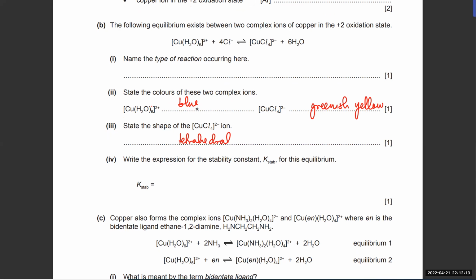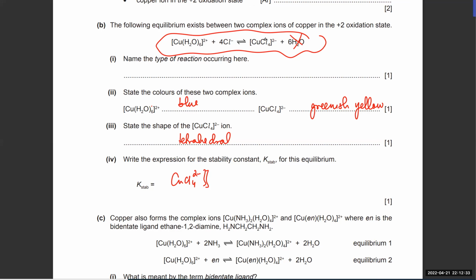You have to write the K stability expression for which equilibrium? For this equilibrium, right? It's just products over reactants. You don't write water in the expression because it's aqueous. So it's going to be CuCl4 2- concentration.